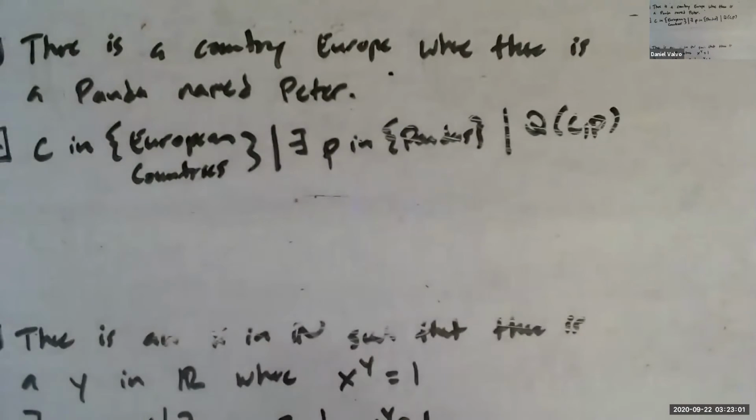Does the order matter? So here I said there exists a country in Europe and there exists a panda such that Q of C, P, such that that panda lives in that country and is named Peter. What if I went the other way around?